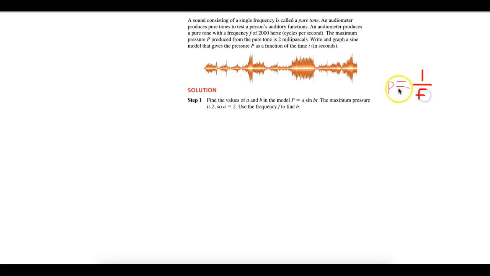What that means is if we know that something's happening 2000 times in 1 second, the time it takes, or the distance it takes, for one of those to happen is just 1 over the number of times per second. So if we have 2000 cycles per second, our period is going to be equal to 1 over f. Another way we can write that is the opposite: the frequency is equal to 1 over the period. Okay, so that's our relationship between period and frequency.